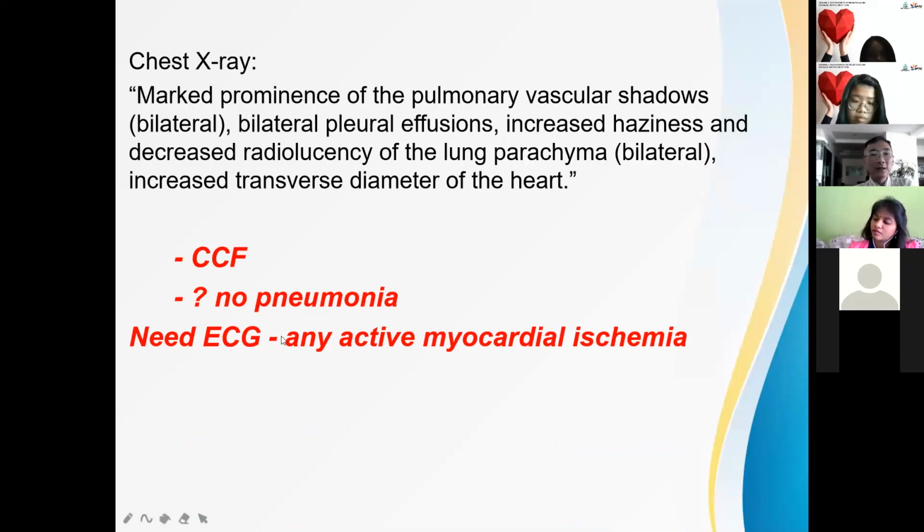This is heart failure. There's clear-cut, prominent vascular shadow, pleural effusion, haziness, and enlarged heart. So there's CCF. Now the thing about it is there's no localized abnormality. It's bilateral, basal, central. So it's heart failure. There's no active pneumonia.